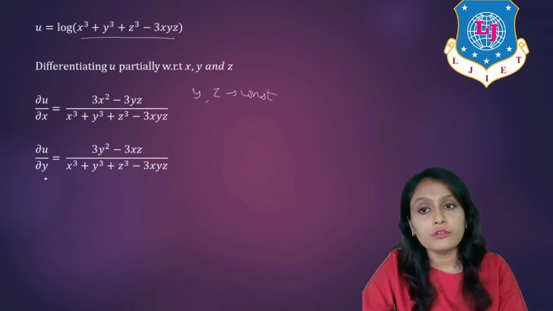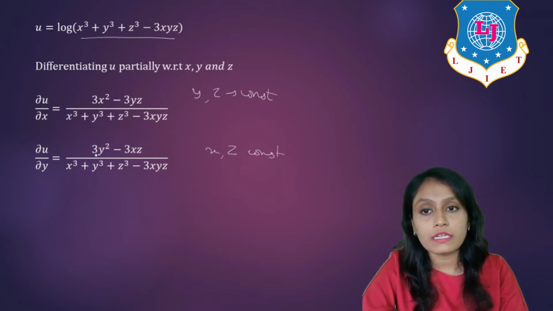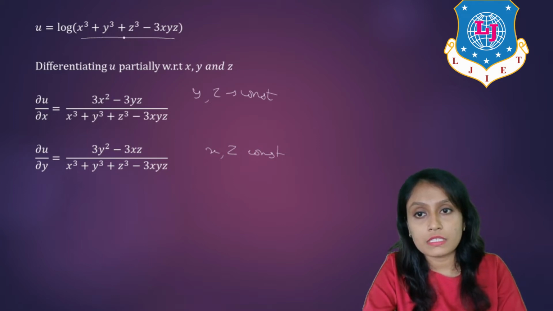Next, del u by del y, that is the derivative of u with respect to y, keeping x and z constant. So here you will get 1 upon x cube plus y cube plus z cube minus 3xyz into the derivative with respect to y. So these two terms are 0, the derivative of y cube is 3y square, and from this you will get minus 3xz.